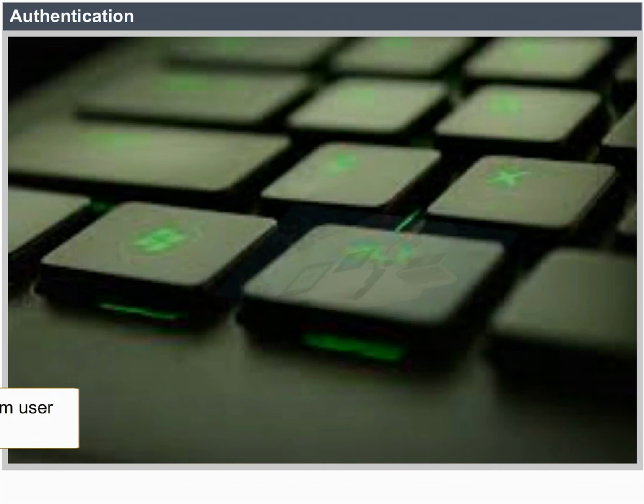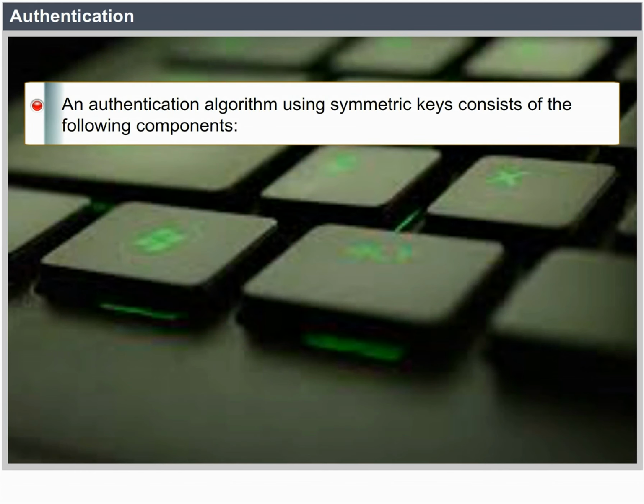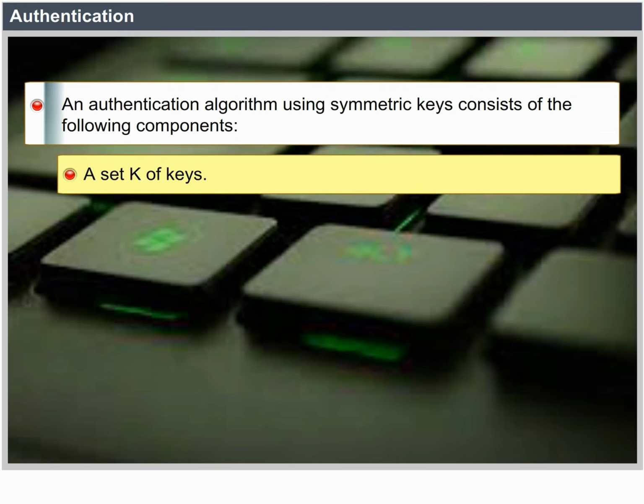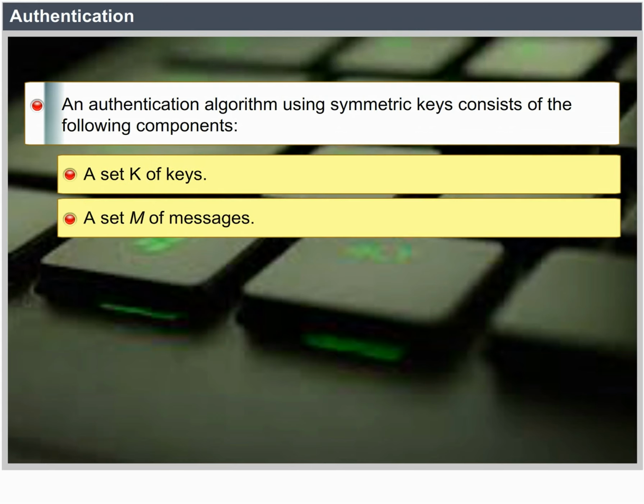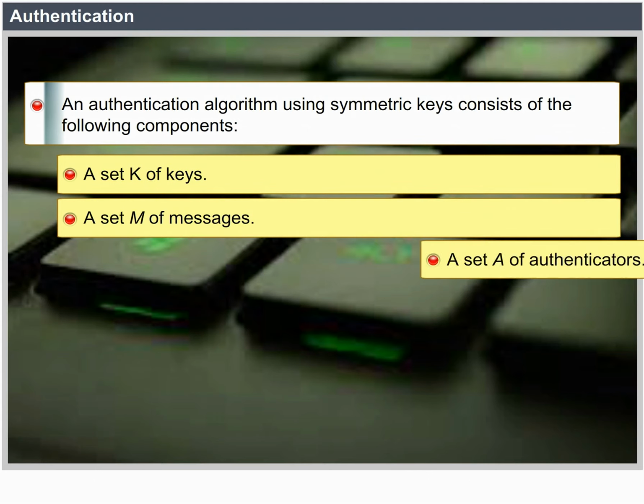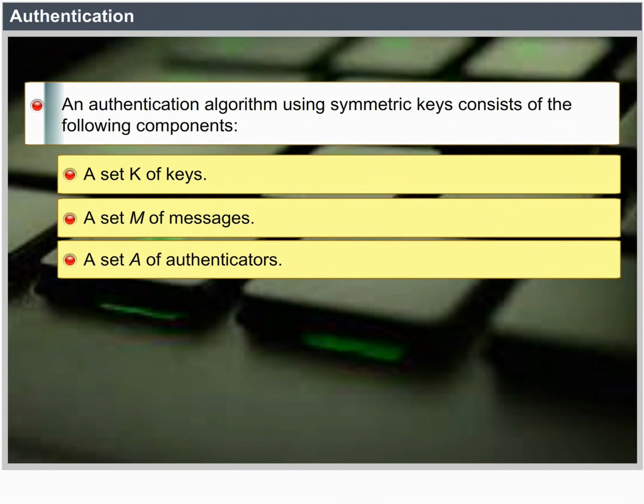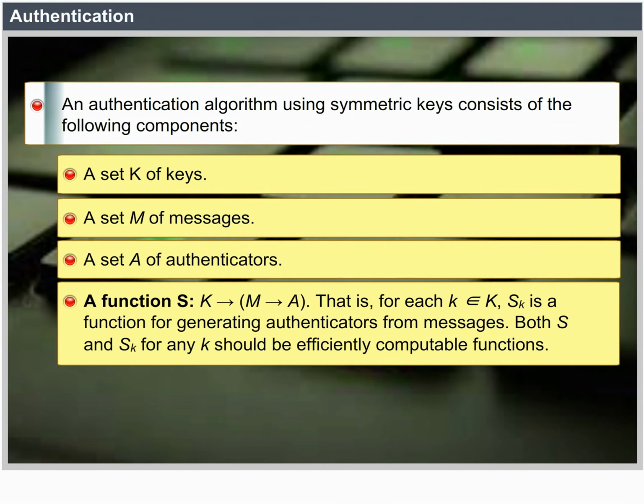An authentication algorithm using symmetric keys consists of the following components: a set K of keys, a set M of messages, a set A of authenticators. A function S: K → (M → A), that is, for each k ∈ K, S_k is a function for generating authenticators from messages.